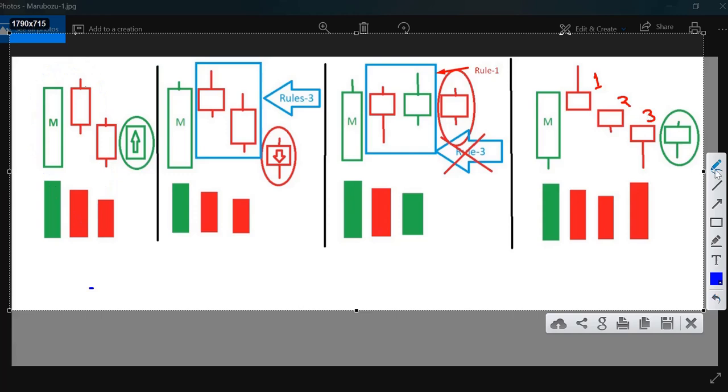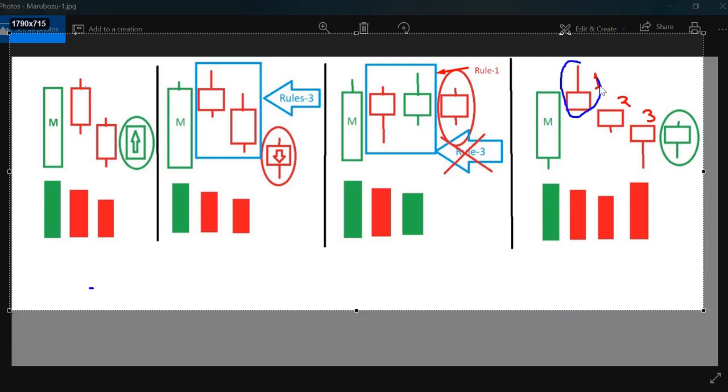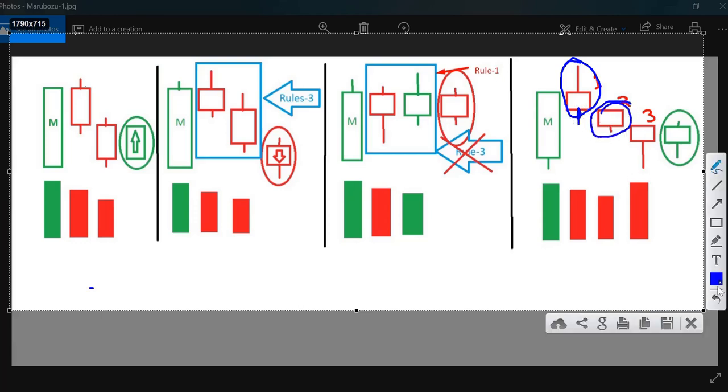Okay, now what happened in this candle? Which party didn't enter? Buyers didn't enter from the lower side, right? That means in this candle buyers have to enter strongly. Now we will find out whether buyers are strong in this candle or not.